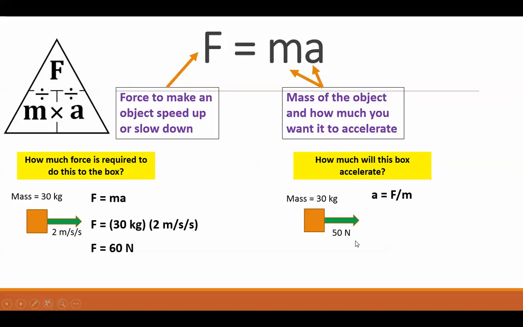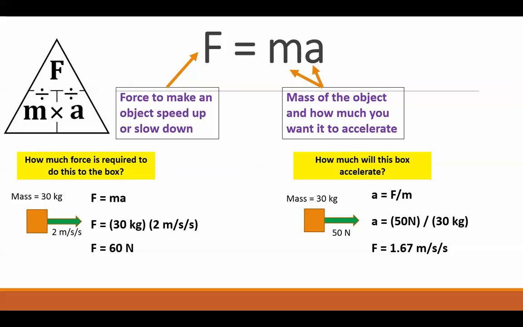If I go back to my triangle and I'm solving for acceleration, if I cover the acceleration, it becomes force over mass, force divided by mass. So my acceleration is equal to force divided by mass. Again, I'm just going to plug in the things that I know. I know the force, I know the mass, so I go 50 divided by 30. When I throw that into the calculator, I get 1.67, make sure you pick the right units, meters per second per second.